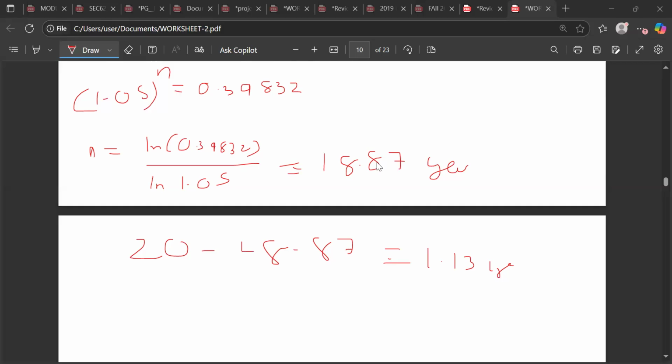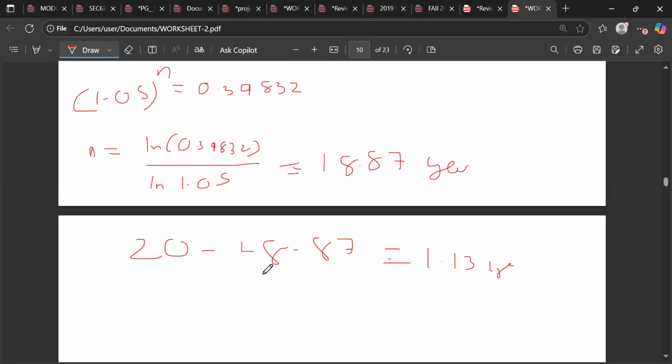I don't know if I'm getting the logarithm right. When you are using the calculator, do you first press log, then put that number, 0.39832, then press answer?